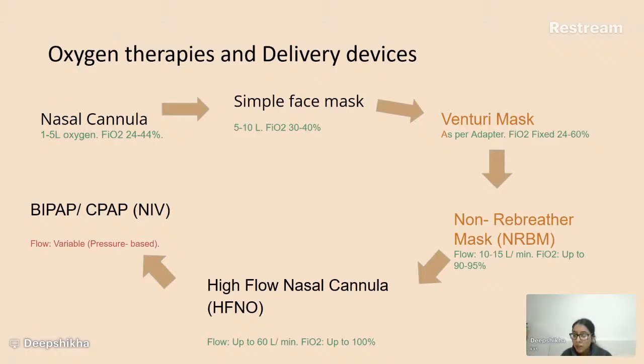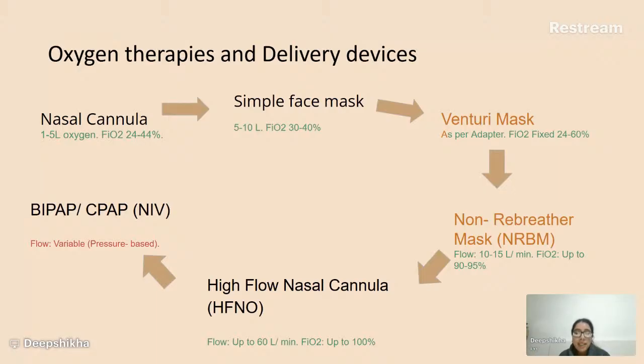The next one would be the simple face mask. Like I mentioned, indications for this would be moderate hypoxia and short-term oxygen therapy. Next, you move on to the Venturi mask. That gives you fixed rates of FiO2 that you can control via the adapter, the different colors of adapter: green, yellow, blue, orange.